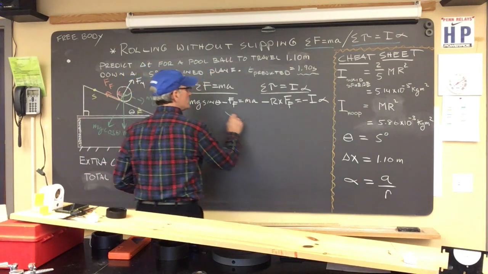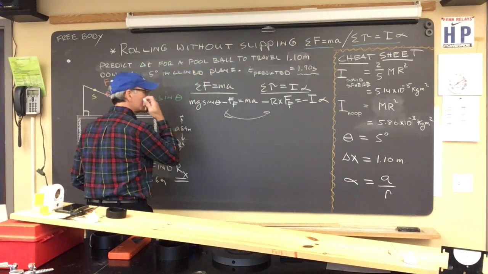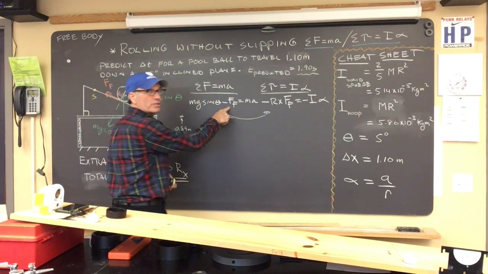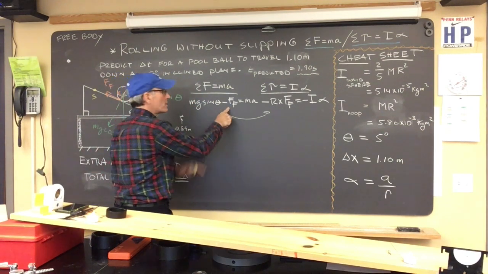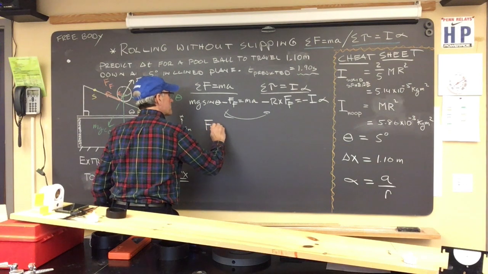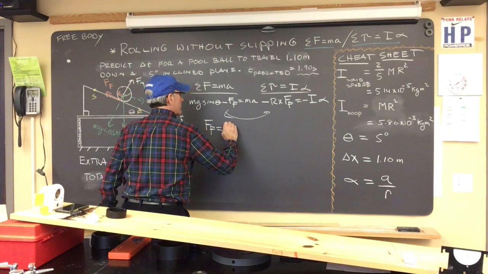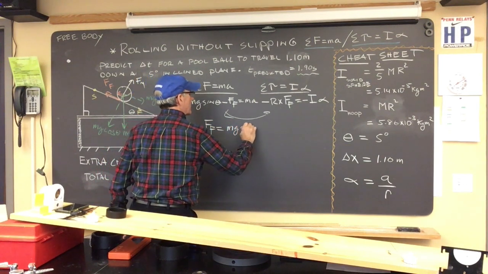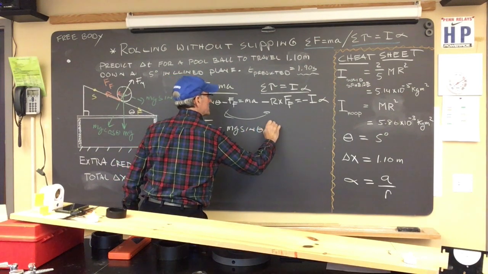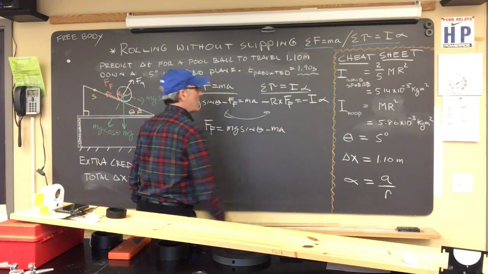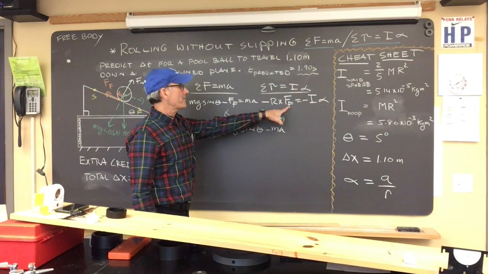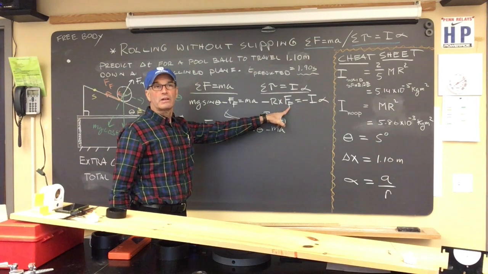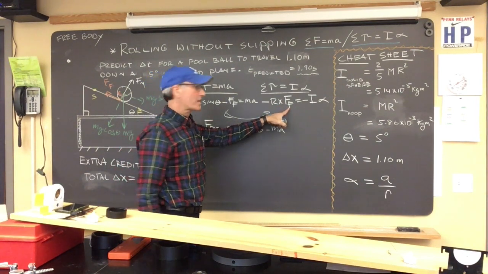Now, to merge these two expressions together, I'm going to solve for the friction force with the Newton's second law part. Okay. So we have mg sine theta minus ma, and then I'm going to substitute that for F of f into our angular equivalent expression for Newton's second law.